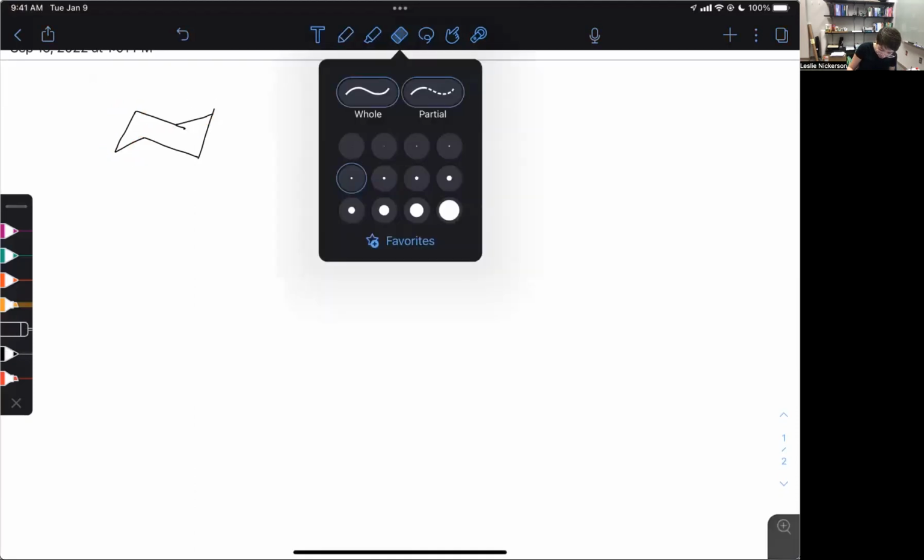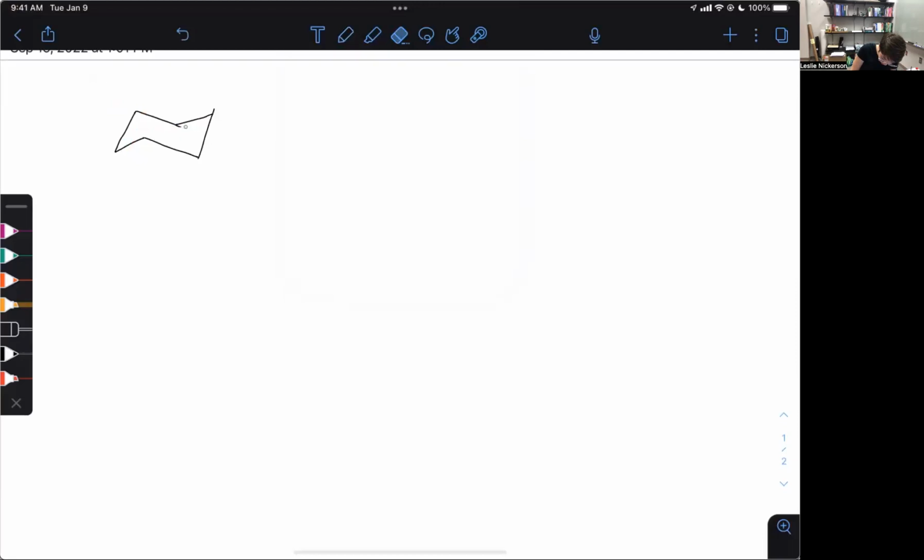Usually I overshoot this, so I just do a little bit of cleanup correction here, and then that's our chair. Let me do that again. First make the point at the end. Then we go down, down, up, up. Clean up. That is our chair.